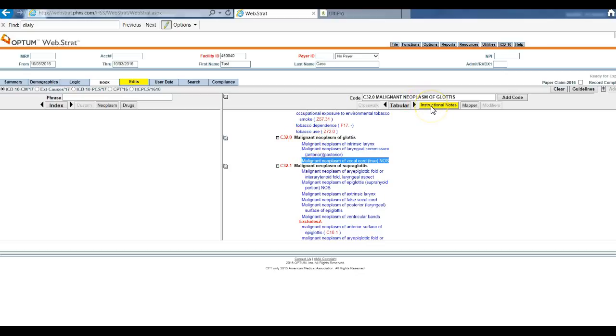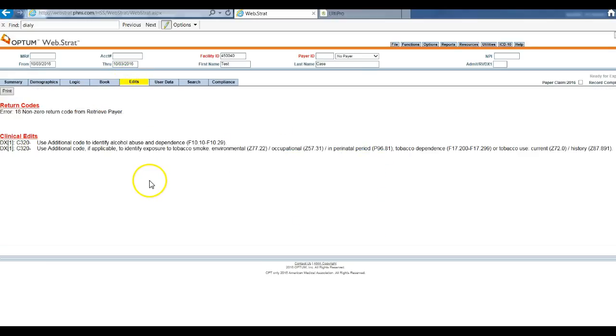And so I am adding this code, or I think I added it, but you also have notes and things like that that you need to pay attention to. And I'm going to click on what my edits say right here. Now, this is something that you may not have access to, but the reason that I said earlier is that you have to code for the tobacco or history of tobacco dependence or something in that category.